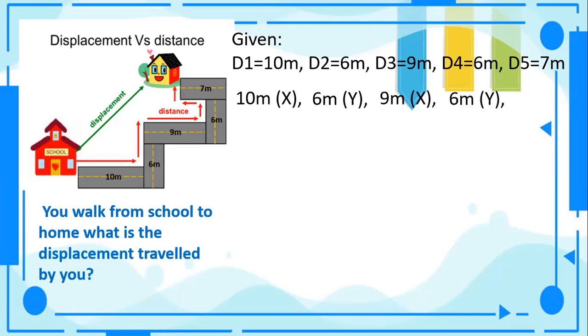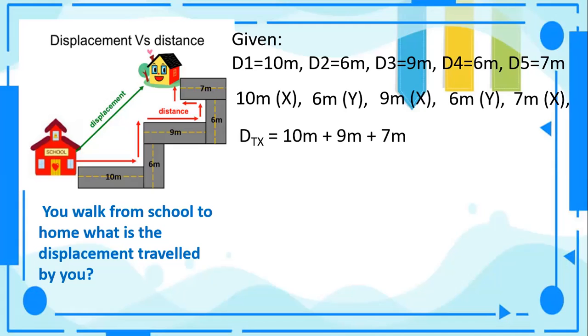The 6 meters has a direction of north and is represented by a vertical arrow, so it is a y component. And lastly, the 7 meters has a direction of west and is represented by a horizontal arrow, so it is an x component. After identifying the x and y components from the problem, we will now add all the x components and the y components.